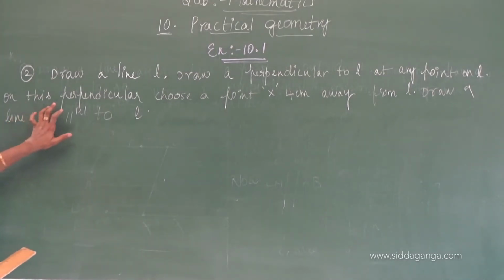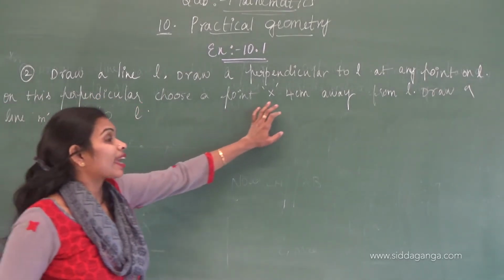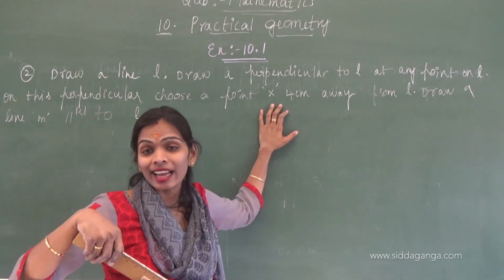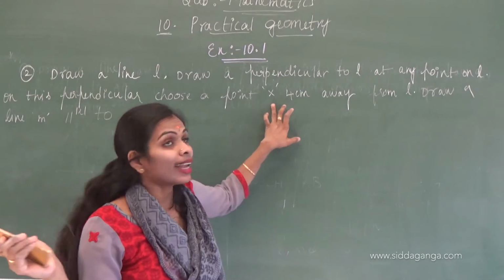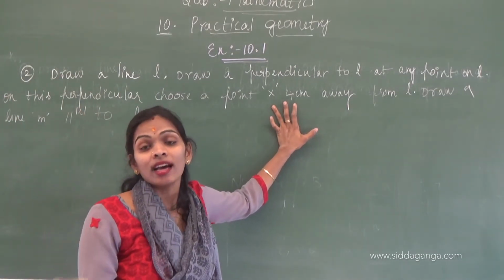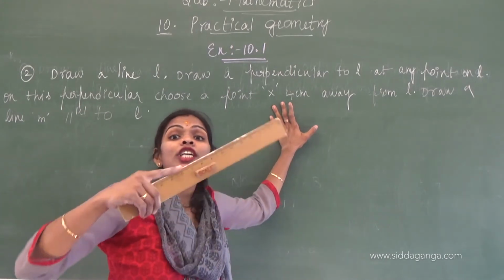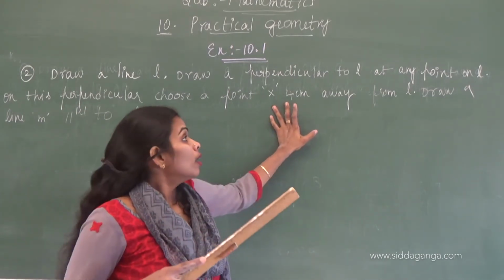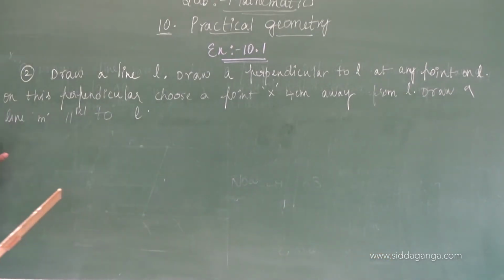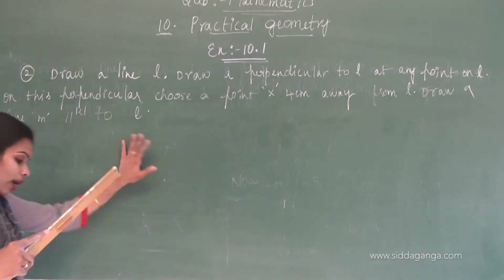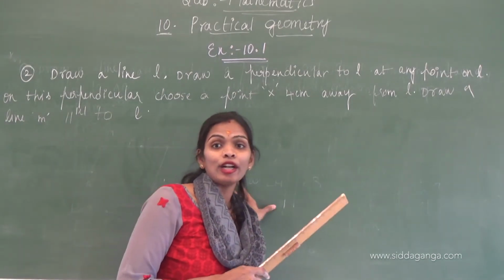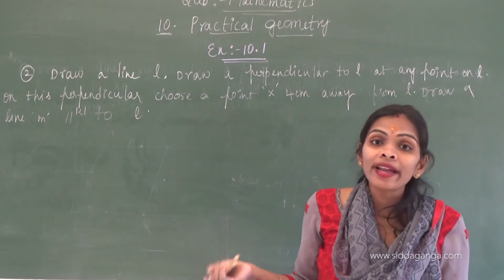And then on this perpendicular, choose a point X. That point is 4 centimeters away from line L. Draw a line M parallel to L, and then what do I have to do? We have to draw a line parallel to L through that point X.